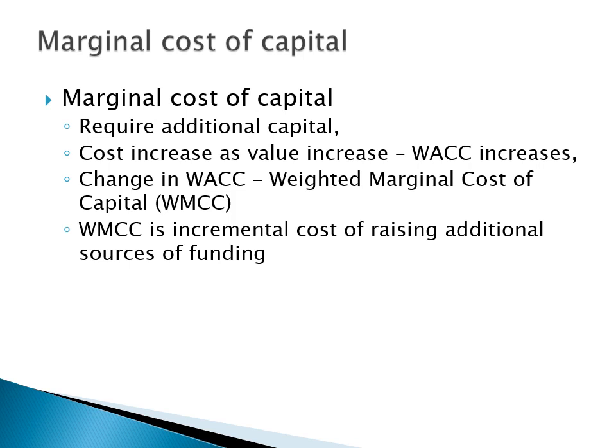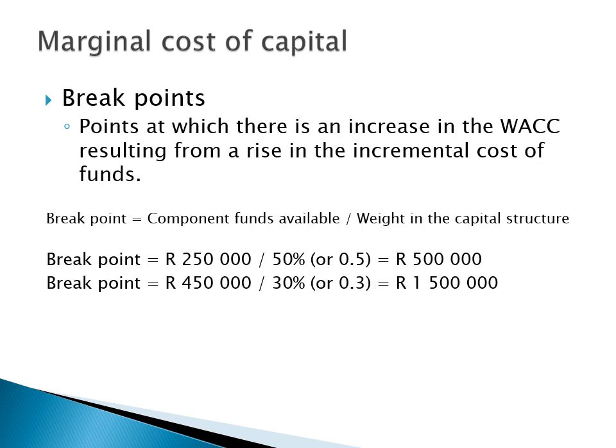And this is then impacting on the weighted average cost of capital, because the cost of debt now increases. So the change in WACC is called the weighted marginal cost of capital, which is the incremental cost because of increasing our funding. Before we can get to analyzing the marginal cost of capital, we first need to understand breakpoints.